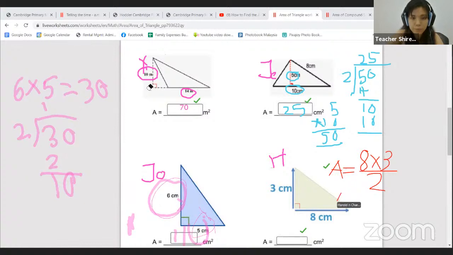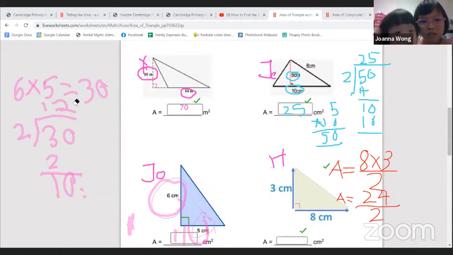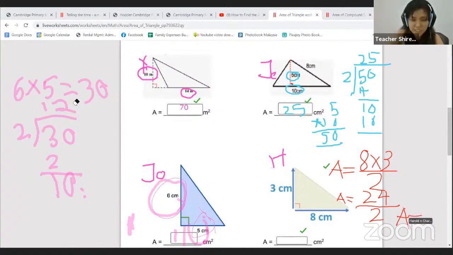2 times 2, what do you get? 2 times 2, 4. Nope, too small, bigger.